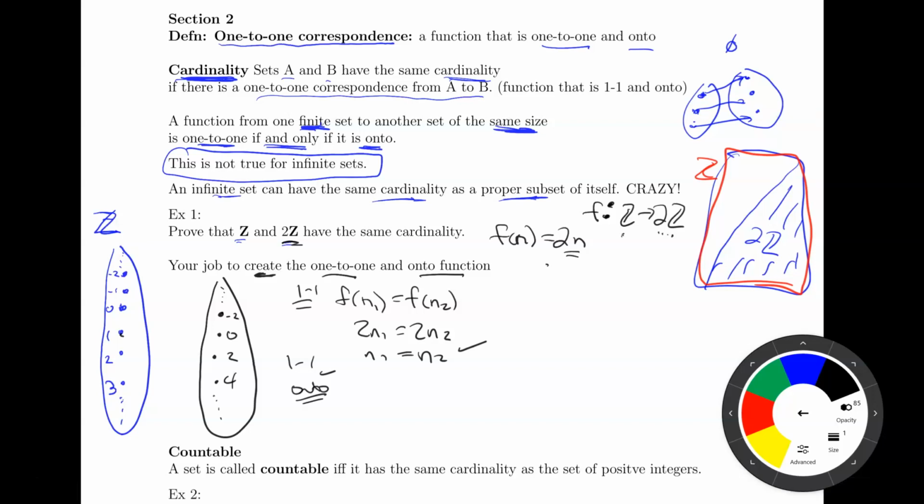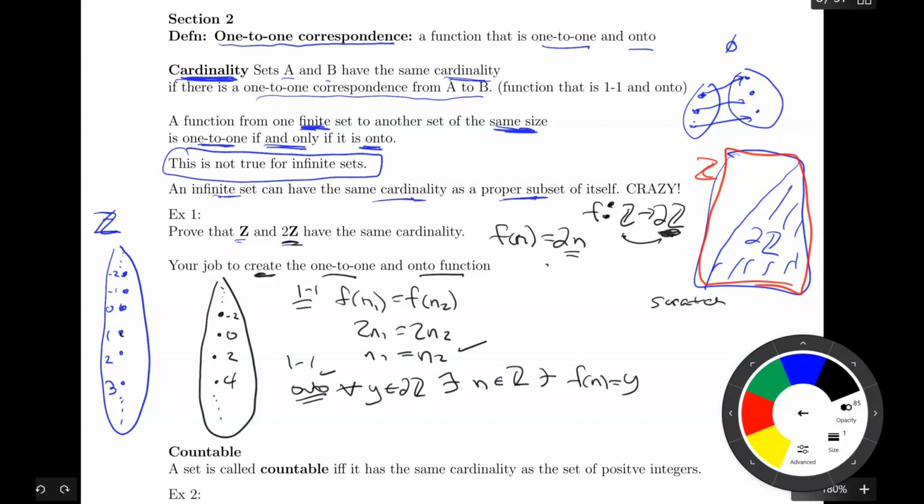Now what does it mean to show onto? This is what I'm going to state: for every y in the even integers, there is an n in the integers such that f of n equals y. So for every y I pick in the even integers, there's going to be something that goes to it. This is where you do the scratch work.